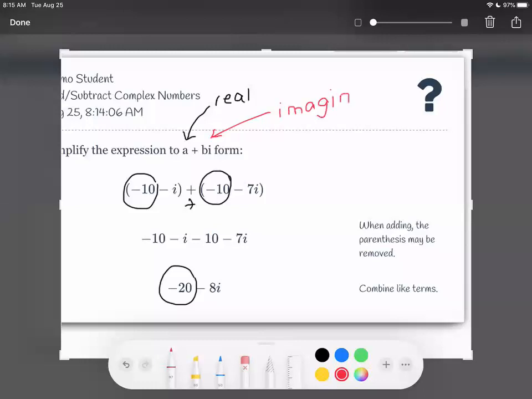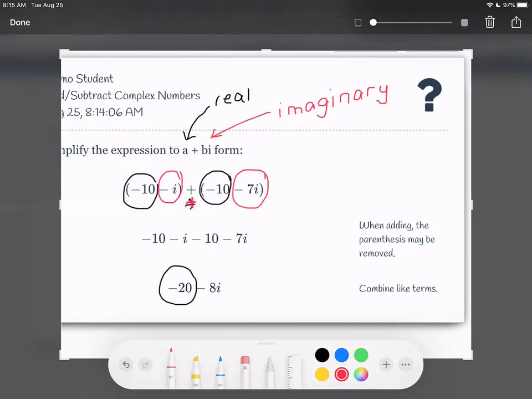This is really hard to write with this. I am so sorry. So the a is the real part, and the bi, the part with the i, that's imaginary. And you can remember that because it has the i. i stands for imaginary.